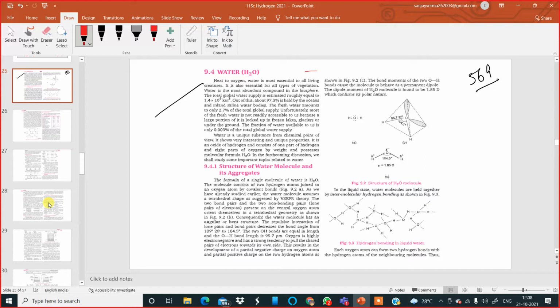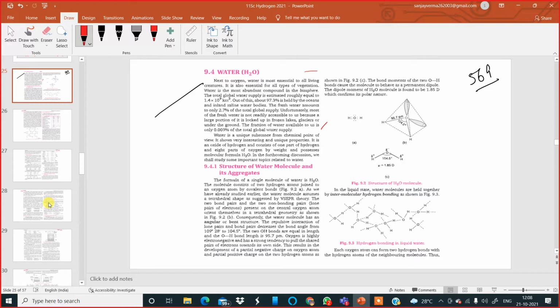It is most abundant in the biosphere. The total global water supply is estimated roughly equal to 1.4 × 10^9 kilometer cube. Out of this, 97.3% is held by the oceans and inland saline water bodies. The fresh water amounts to only 2.7%. So this is the first paragraph.